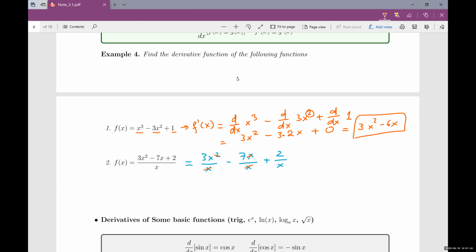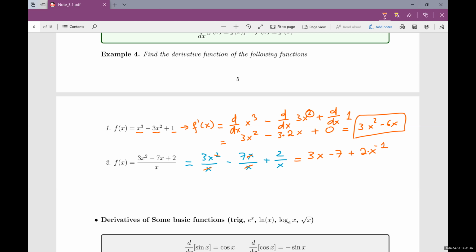So it's just going to be 3x minus 7, and 2 over x, I will convert it to a power function. All right. So 2 over x equals 2 times x to the -1. Okay, you bring it up to change. You just change the sign of the power when you bring it up.